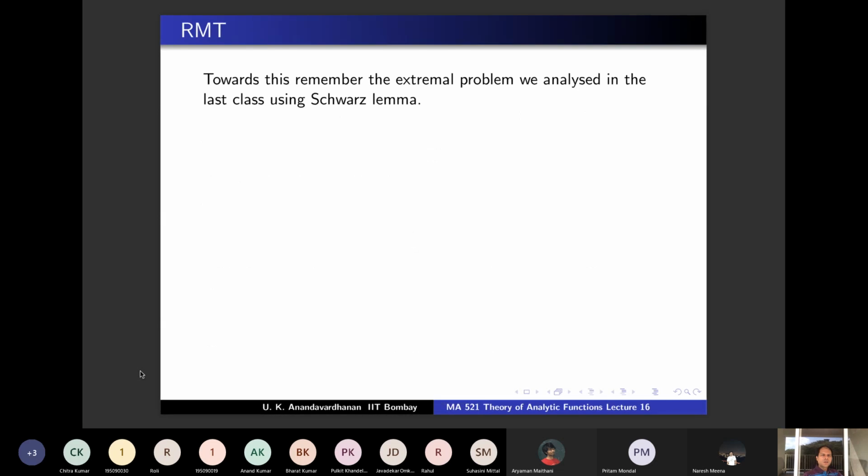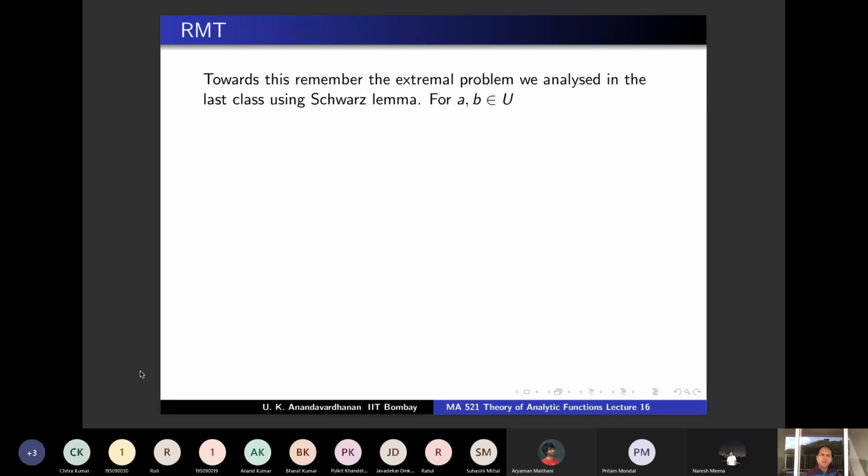So towards this, remember the extremal problem. By extremal problem, I mean this. I think this was Rudin's word. If you have a function f from U to U, and alpha and beta such that f of alpha is beta, then the modulus of f prime alpha is less than or equal to 1 minus mod beta square by 1 minus mod alpha square.